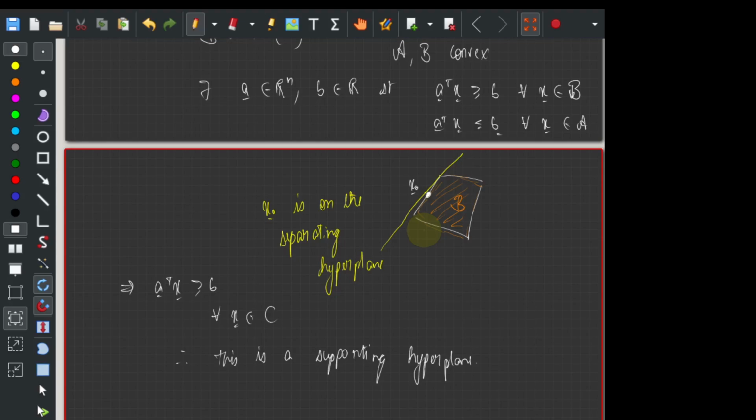You can also prove this using the definition of a convex set. Which one? The same supporting line. How? Basically, you're checking whether every point on the boundary is a tangent. Correct. So you take any point in the convex set, then take a convex combination with the boundary point, and it lies inside the set.